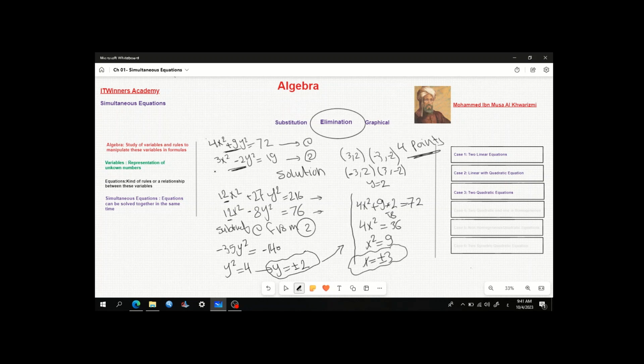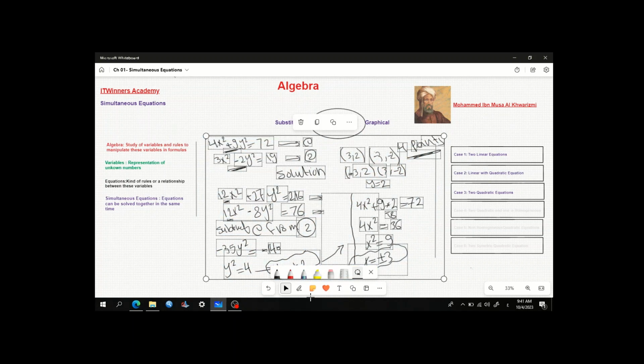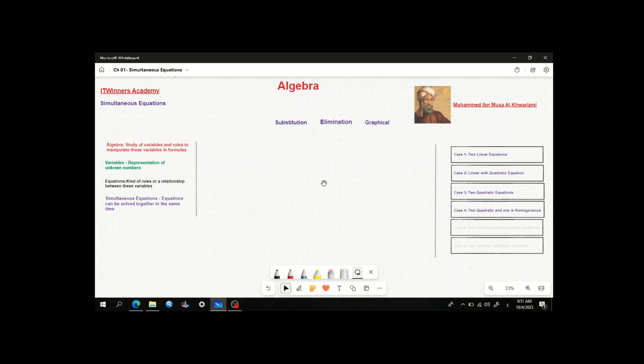Okay, so let's clear that and move to the fourth case here. Two quadratic and one is homogeneous.